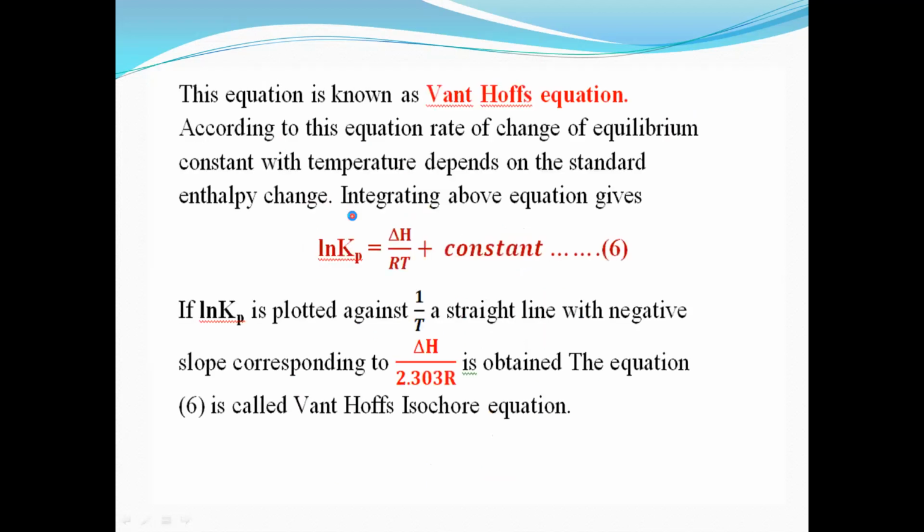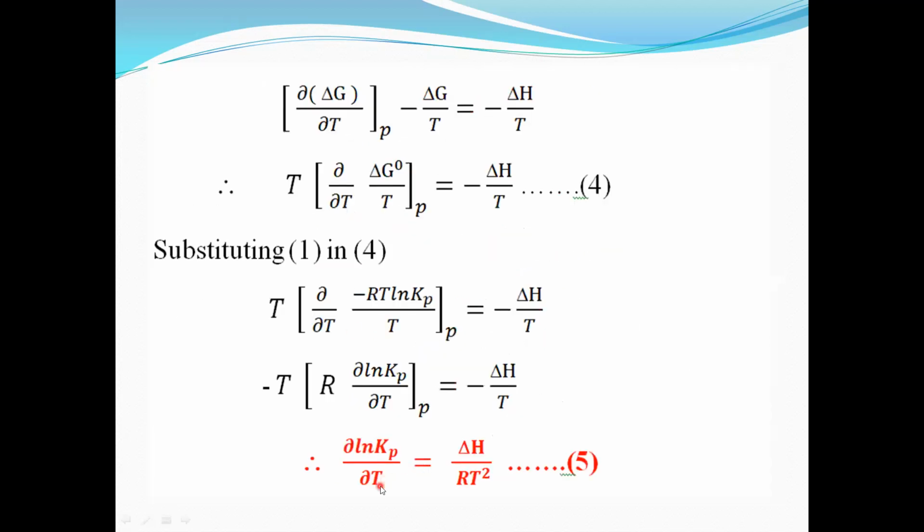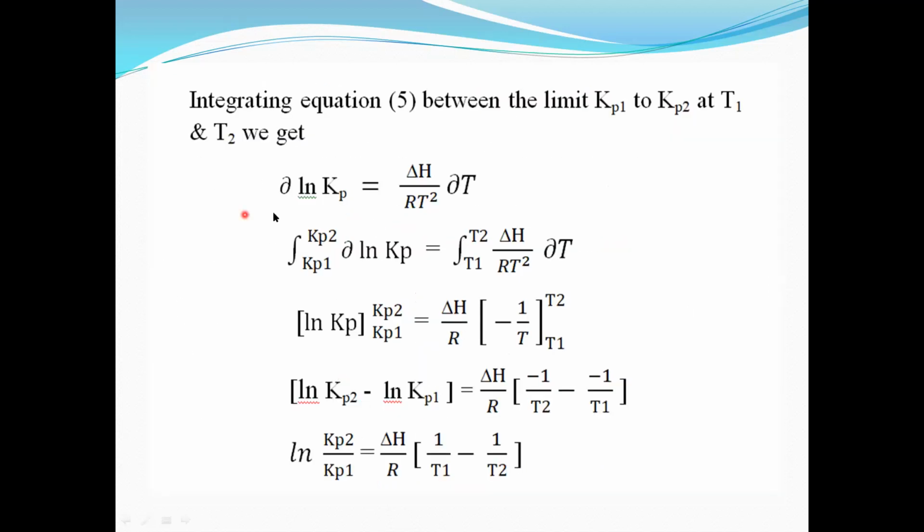What is equation 5? Take dT from the left side to the right-hand side, so it comes in the numerator. Understand? So the partial derivative of ln Kp is equal to delta H upon RT square, as it is. The dT that was in the denominator on the left-hand side we have taken to the right-hand side, and it becomes numerator.